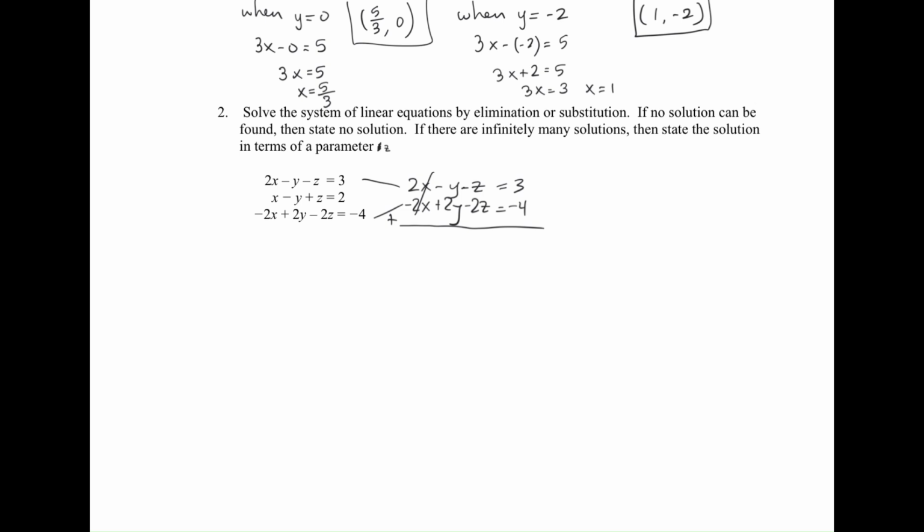The x variables will eliminate. And the resulting equation, y minus 3z equals -1. Now this equation still has two variables, so we need to repeat this step with two other equations. So I'm going to take, and remember the key here is that you have to eliminate the same variable.